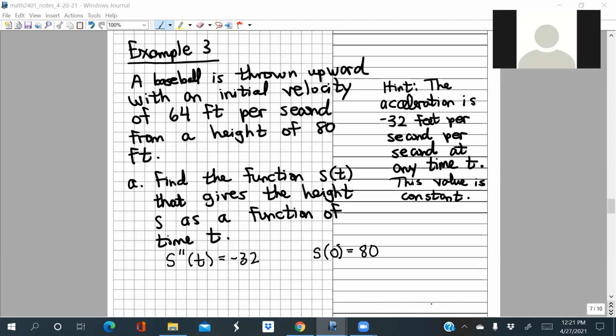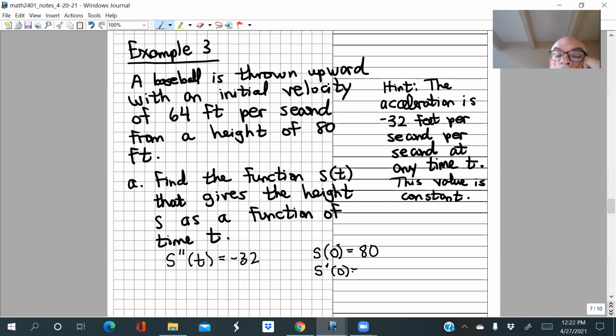Is velocity the first derivative? It certainly is. So velocity is the first derivative. So I write s prime of 0 is equal to 64. There you go.